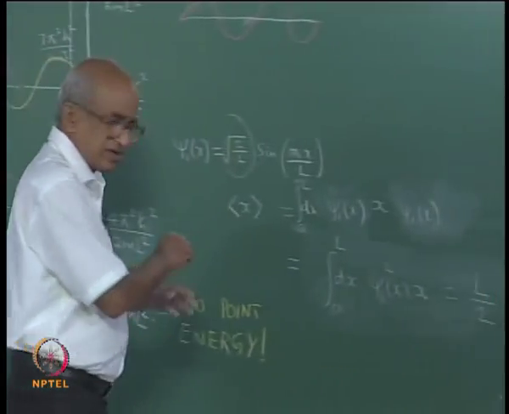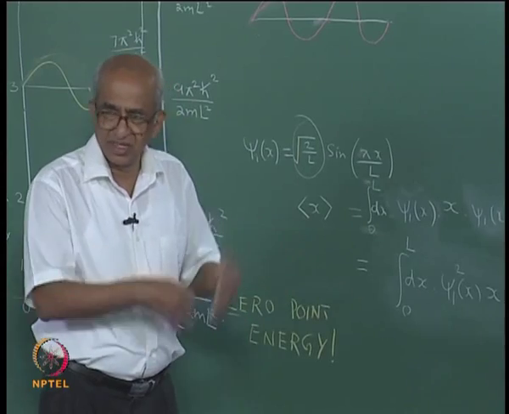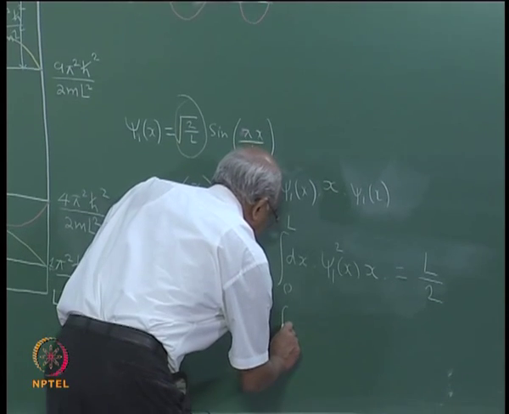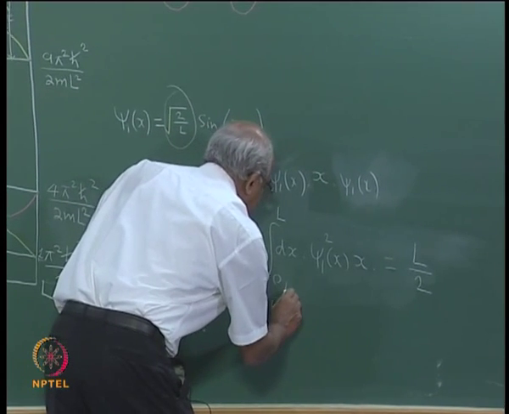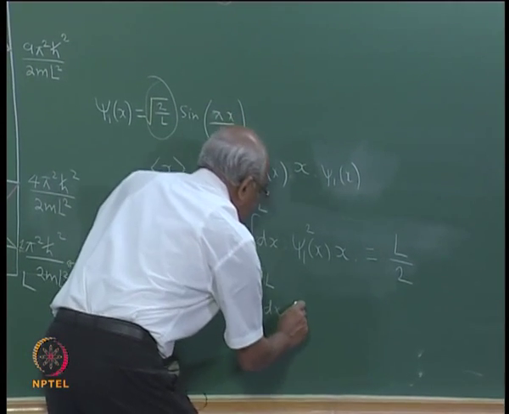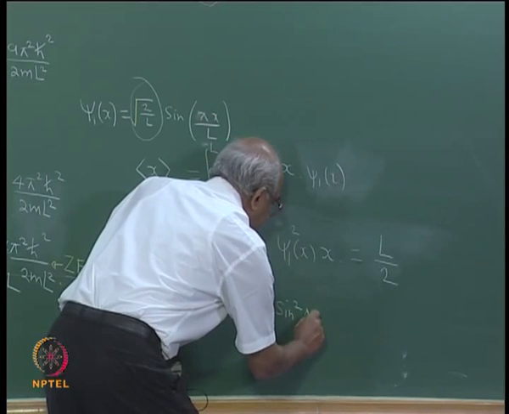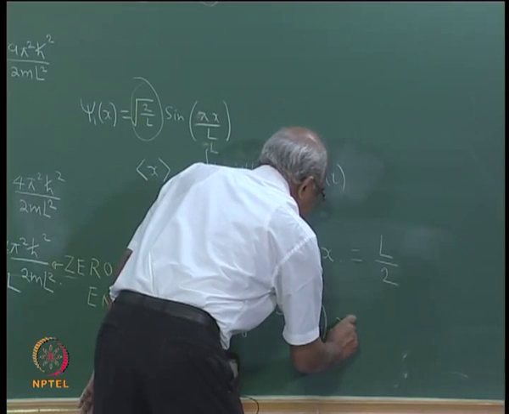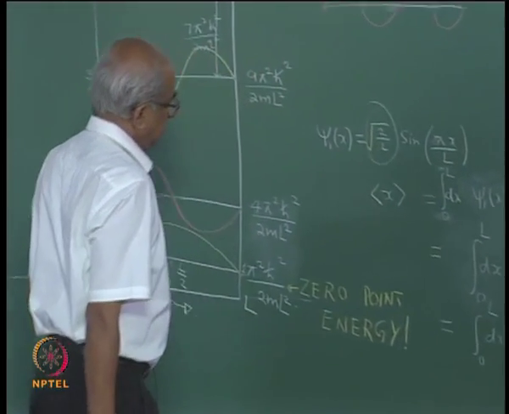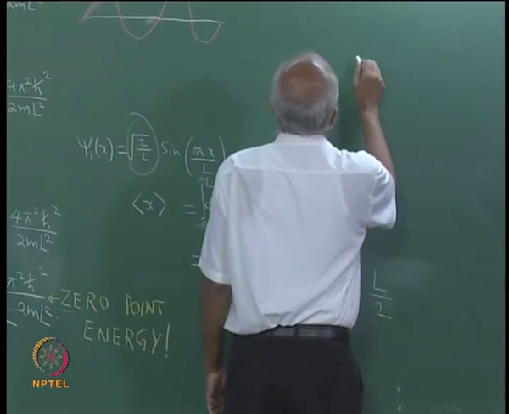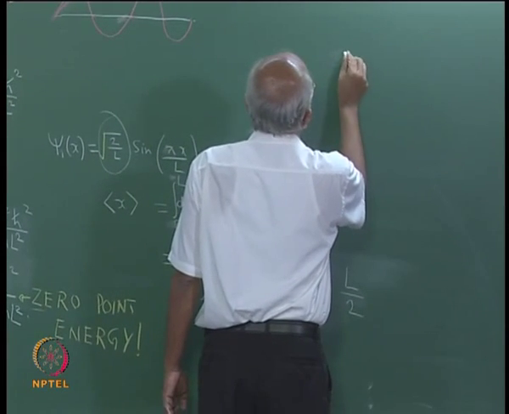And this is exactly what happens. I will not do the complete integral, because the integrals are not that difficult, but I will tell you how it comes around. The integral that you have to perform is the integral from 0 to L dx of sin square pi x divided by L into x. Here you have sin square, but there is a trigonometric identity that you can use.